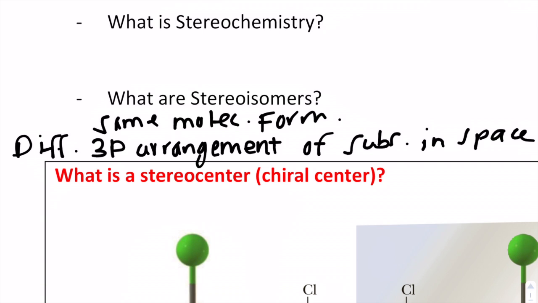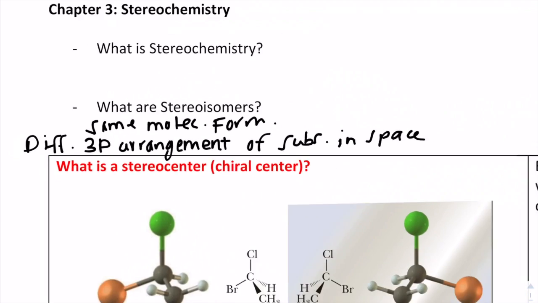We're going to practice a whole bunch of example problems of seeing different types of stereoisomers and how to identify those. So overall, stereochemistry is this branch of organic chemistry where we talk about the 3D orientation of substituents, and stereoisomers are specific sets of molecules that have the same exact molecular formula with the same exact substituents. However, the placement of those substituents can differ, and this is a type of isomer that we're going to see.